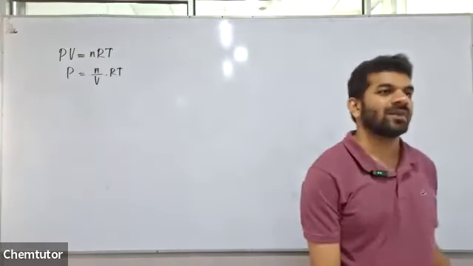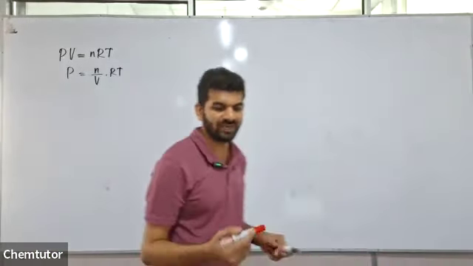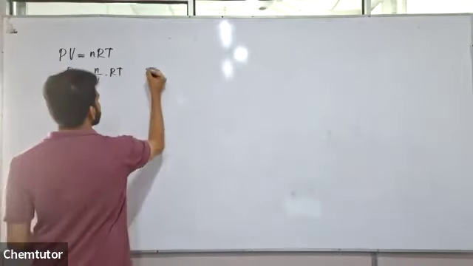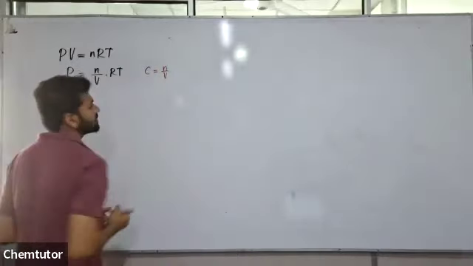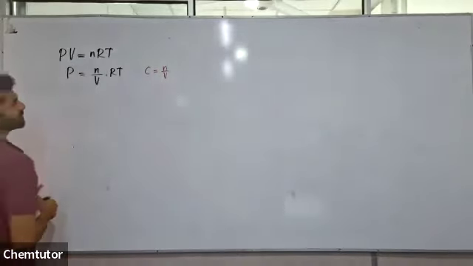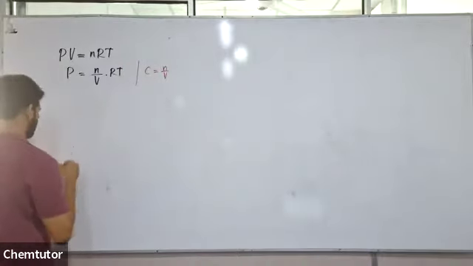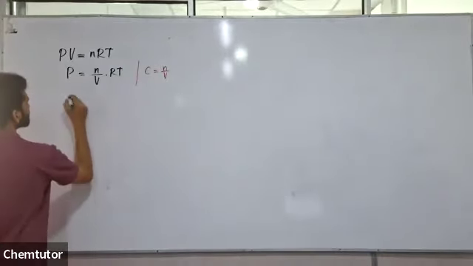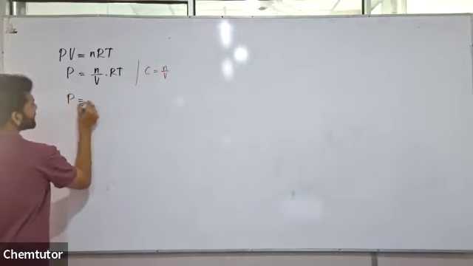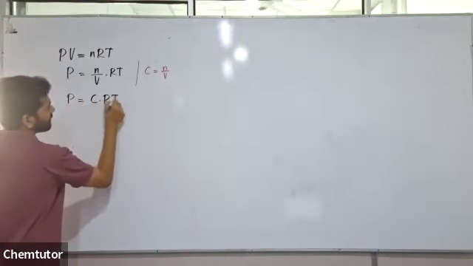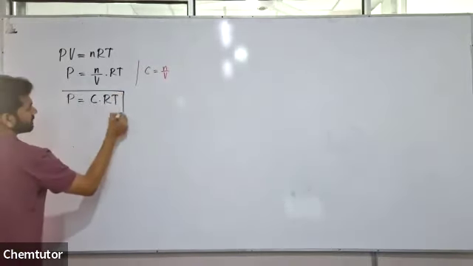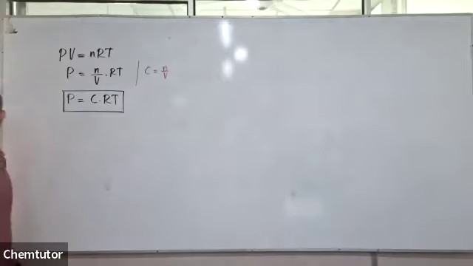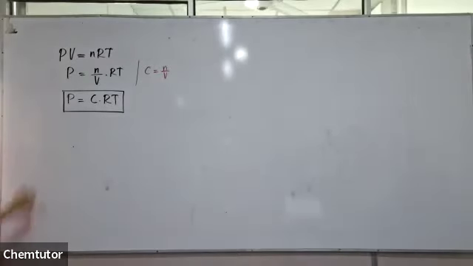It is concentration, number of moles divided by volume. So therefore, pressure equals CRT. This is one form of the ideal gas equation that you can use. Is it clear? Then let's see the other one.